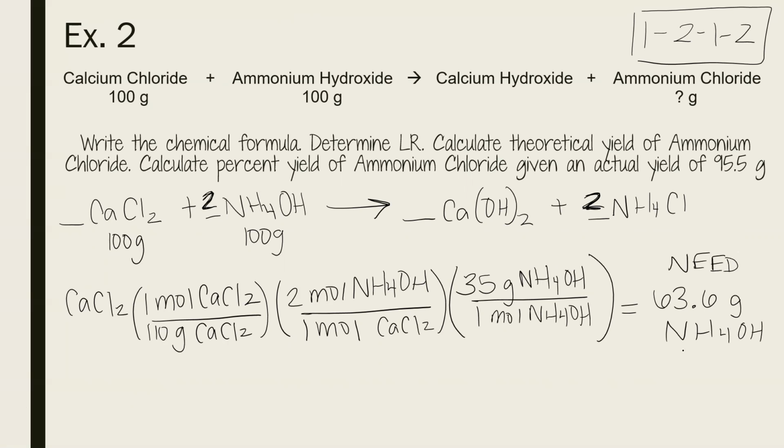If you do it the other way, so if you started with NH4OH, ammonium hydroxide, you would get that you need 96.4 grams. Whoops, that's not right.